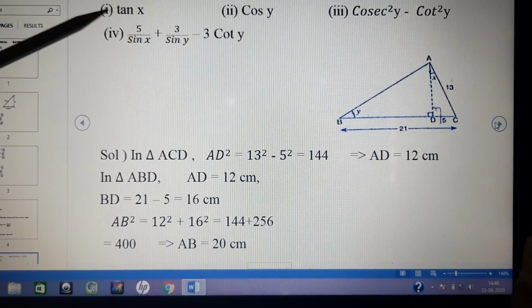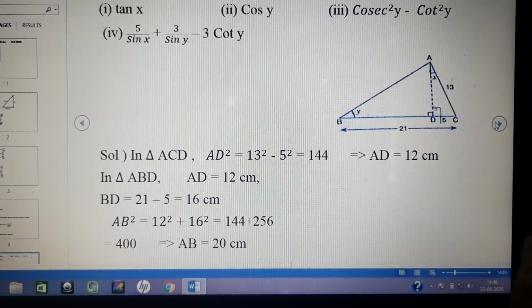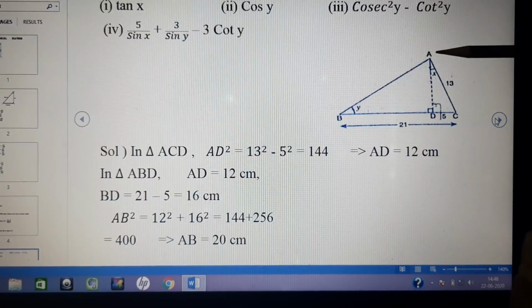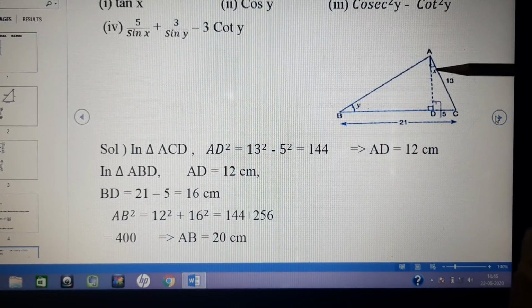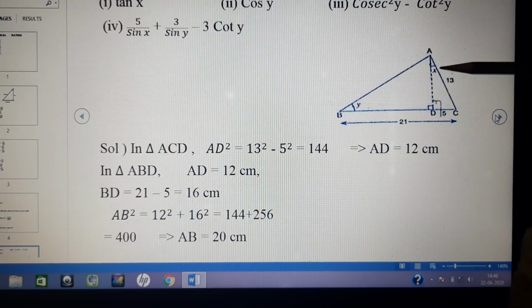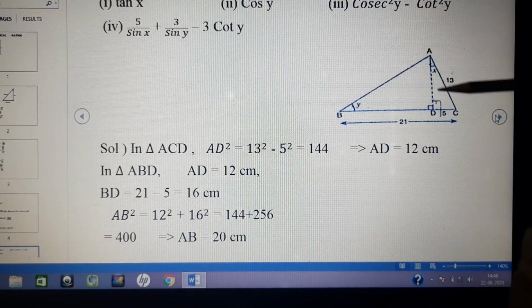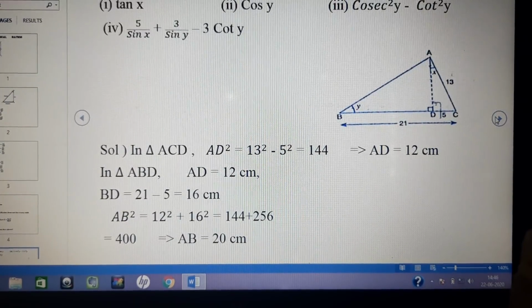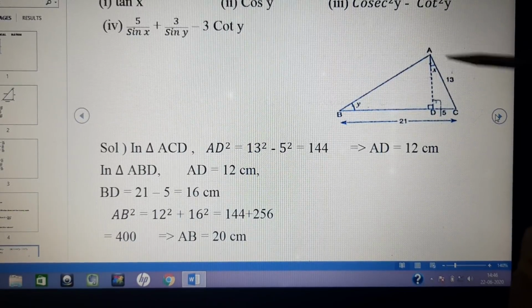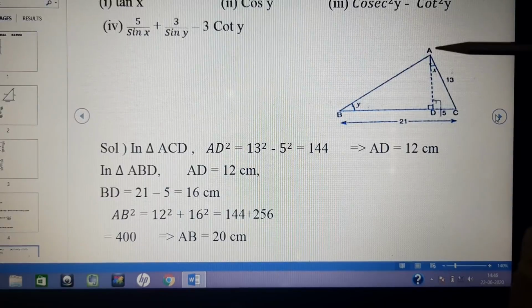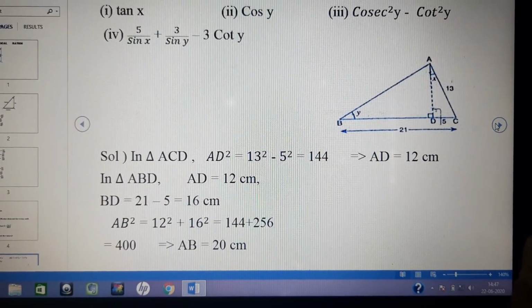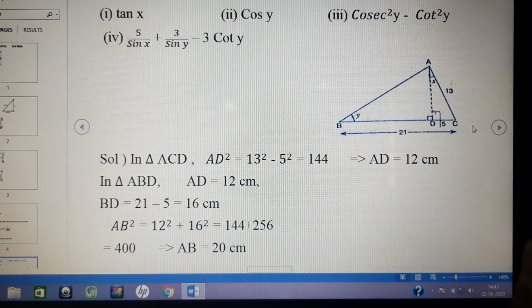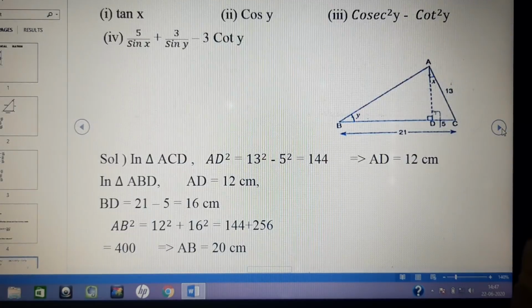Now the first thing is tan x. So we'll look at the triangle in which angle x has been given. It should be a right angle triangle. So triangle ACD is a right angle triangle in which we have the acute angle x. According to angle x, opposite to x we have CD, so CD becomes perpendicular. AC becomes hypotenuse, and the leftover AD becomes the base.